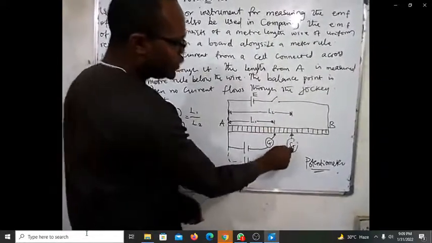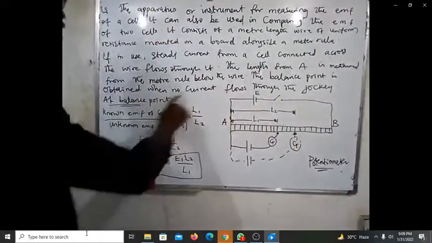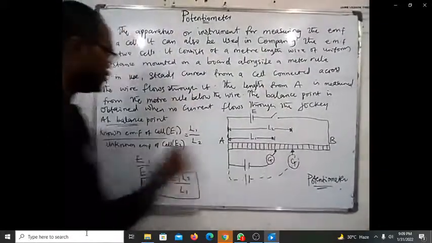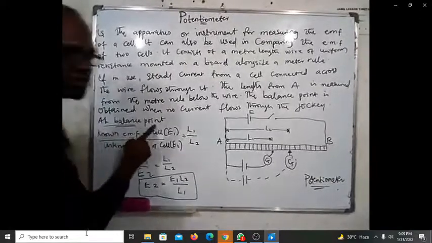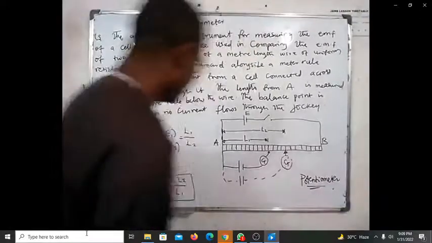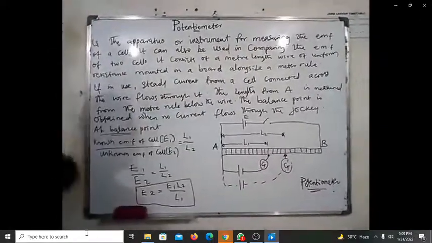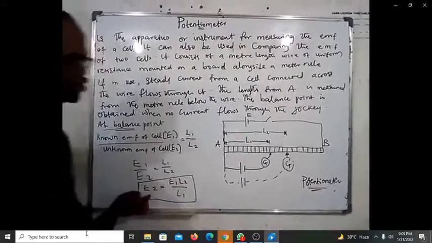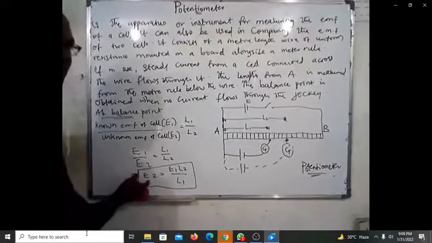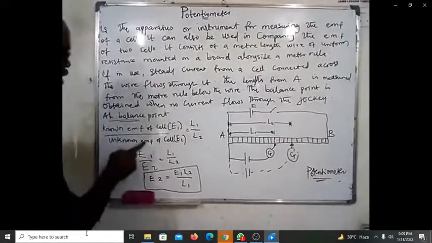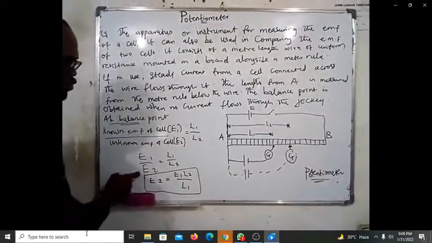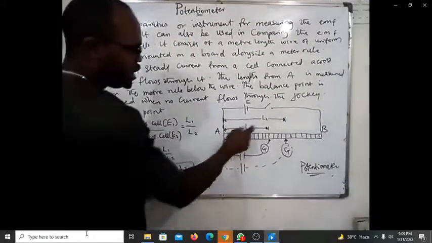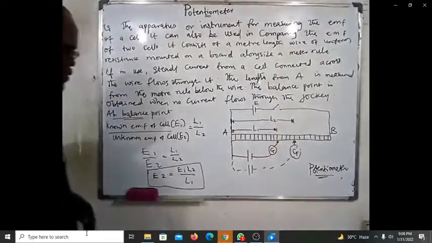So whenever you put your galvanometer and it's indicating no current flow, you know that you've arrived at the balance point. At the balance point, how do you do the calculation to find the unknown EMF, the E2 that you're looking for? You simply say E1 over E2 is equal to L1 over L2.